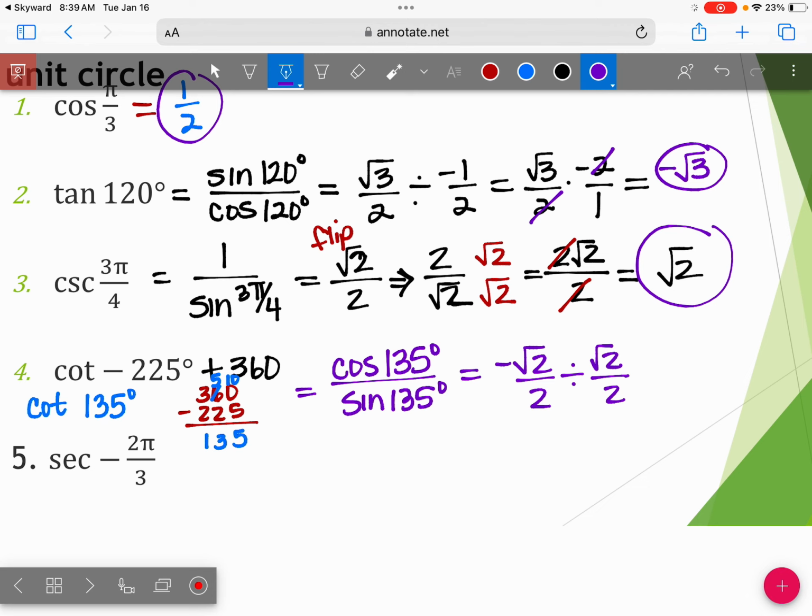If I divide two numbers that are the same, like 5 divided by 5, or 8 divided by 8, or negative root 2 over 2 divided by positive root 2 over 2, I know that my answer is going to be negative 1. If you can't reach that conclusion and you want to do keep, change, flip, by all means do that. You will not get marked off for that.